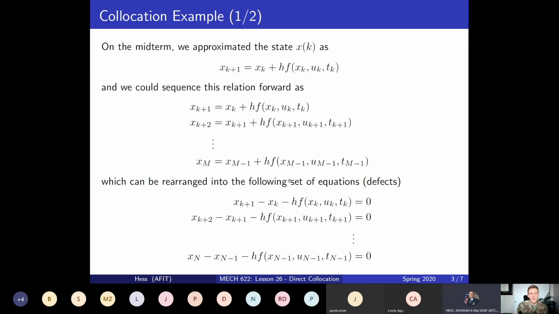And you tend to see this called a defect, okay? And what you want to do is minimize your defects, okay? So what are your design variables? Well, maybe it's going to be your x's and your u's in this case, right? So we're adding more unknowns to the problem, and if you pick a t0, you're going to know your actual values of t sub k and t sub k plus 1.